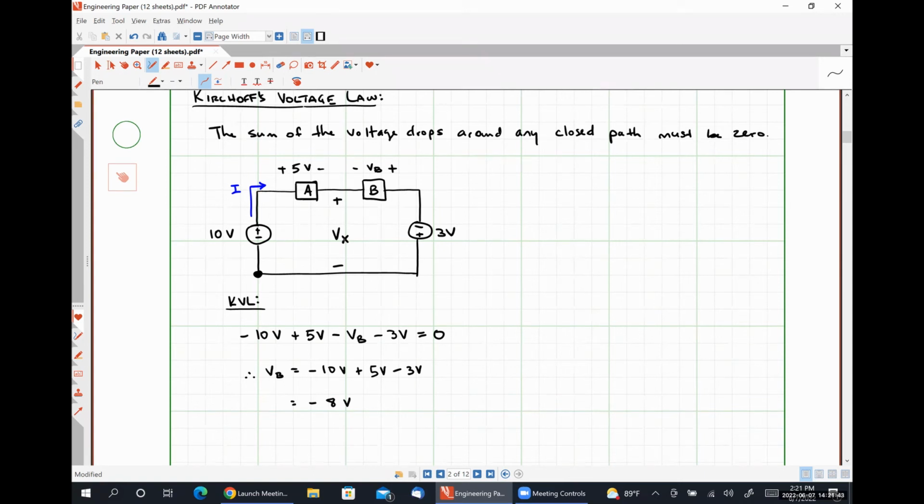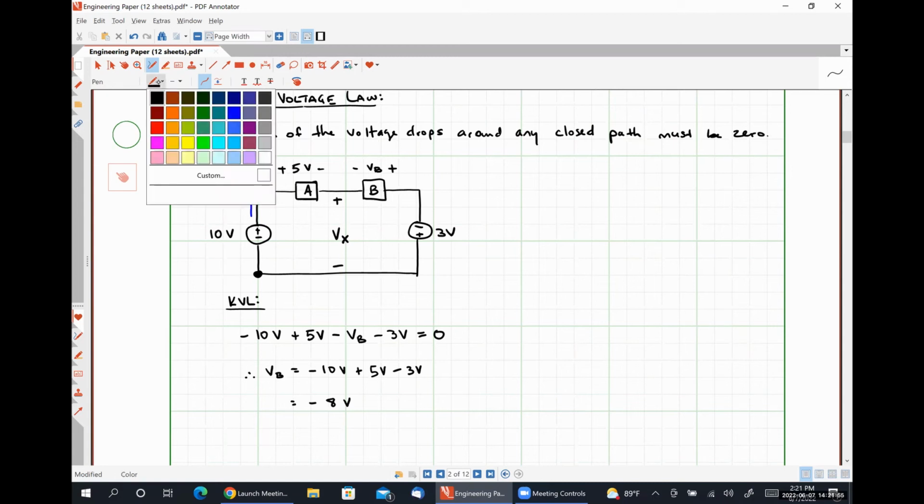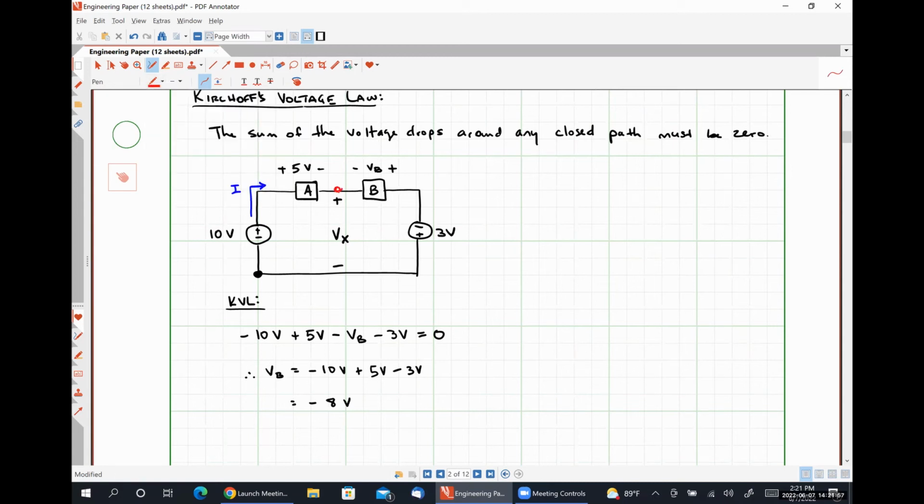So imagine that Vx is simply the voltage drop that you would measure by applying a multimeter connected at this point in the circuit for the positive. So let me do it in red, because that's the color of the positive polarity terminal on most multimeters. And this point in the circuit down here, which would be the negative polarity terminal for most multimeters.